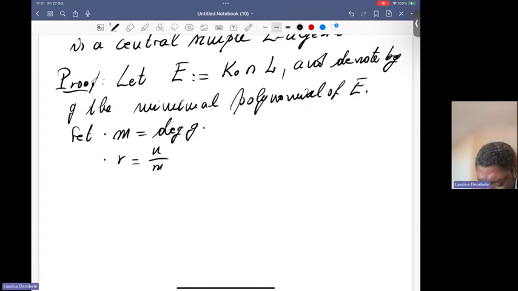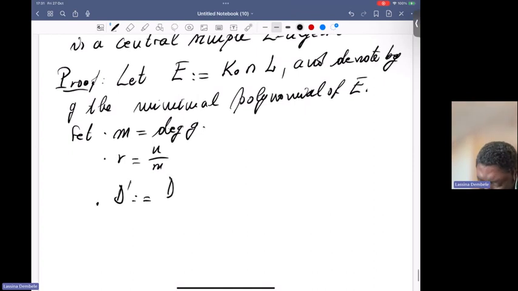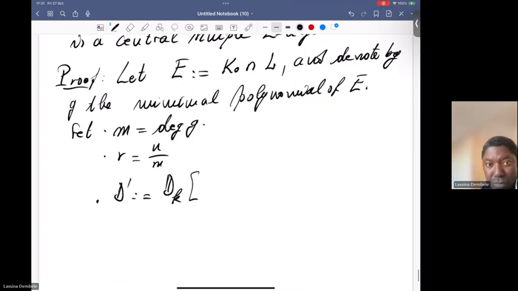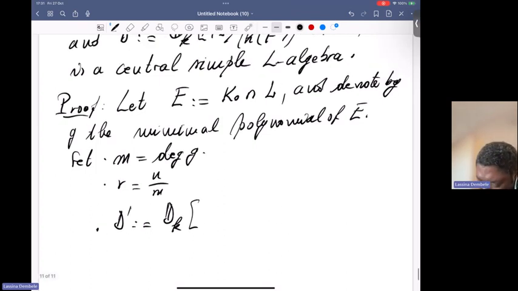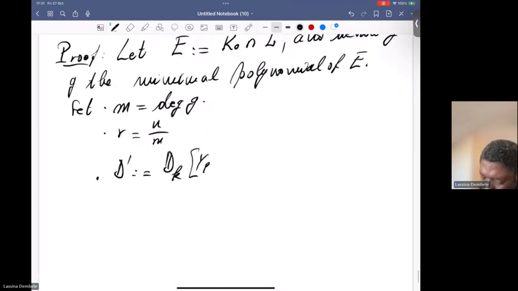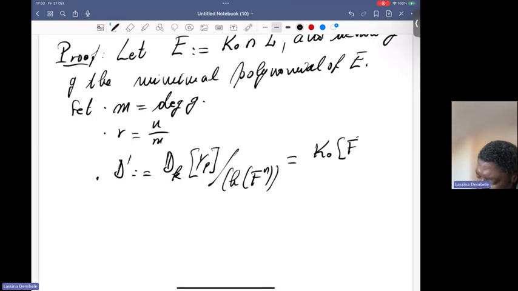Now recall that D prime by construction is this quotiented by h of f to the n, which is the same as taking K0 of f quotiented by g of f to the n.